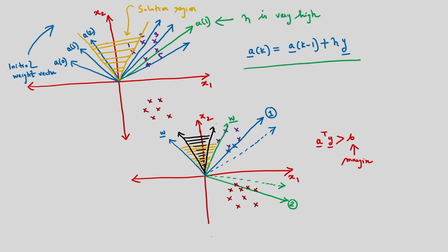That means I am restricting the solution region within the main solution region, and I am getting a new sub-region. So this margin we are considering. My criterion is now A transpose y greater than b. We are considering the margin b, and b is a positive constant.